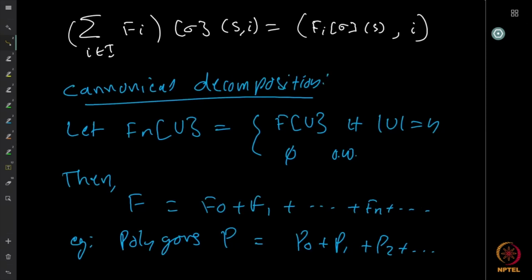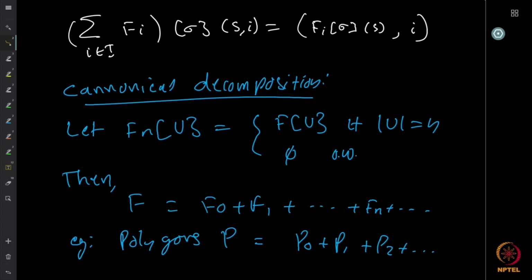And this also satisfies that whenever there is a bijection sigma, the transport of the summation of s comma I is basically the structure defined by the transport Fi of sigma of s comma I, where I is just the index marker, just to differentiate the objects coming from Fi.